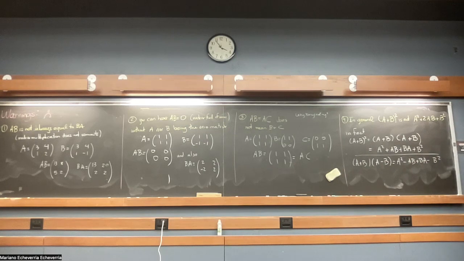You can only square a matrix if it's a square matrix. Yes, basically, although right now I'm thinking of all of these as square matrices. I'll have to tell you how to multiply matrices in general. But if you're going to square matrices, you do need them to be square.